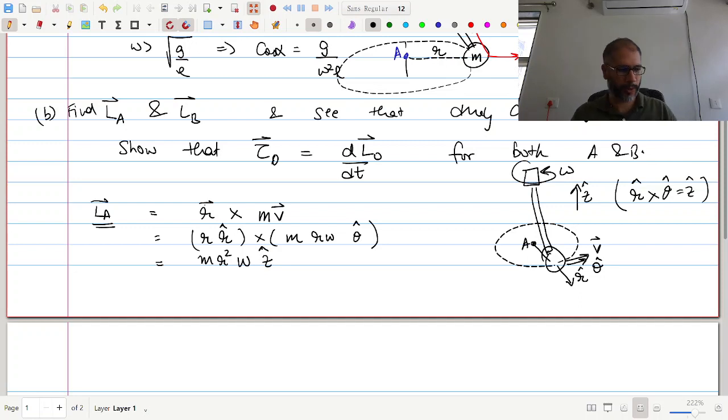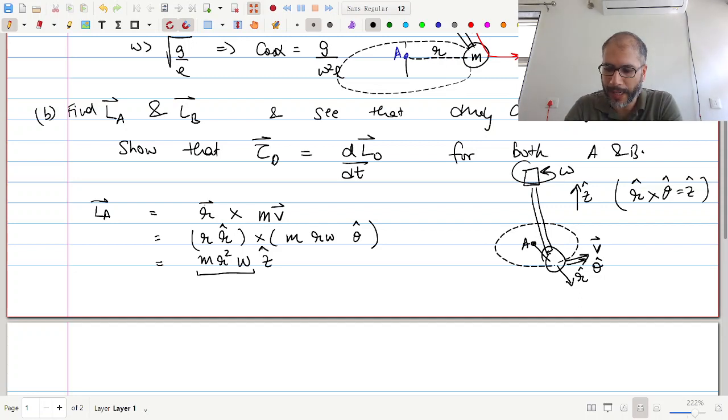So this becomes m r square omega times z hat. So that is our angular momentum L about the point A. What we see here is that the angular momentum in terms of its magnitude is constant, it does not change with time, because mass m, the distance r from A and omega all are fixed once you fix omega and the length L, and z hat also does not change with time.